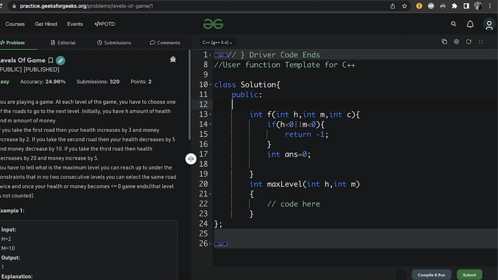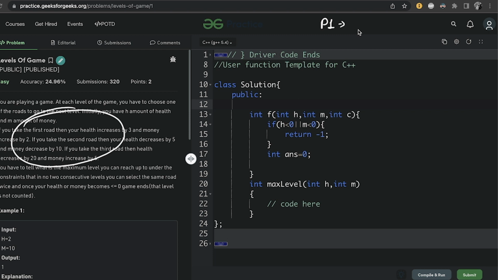So the idea is that what is the value that is being affected? So value being affected is if we use the path 1. Okay, so just see this position. If we use the path 1, then health would get affected by 3 and money would get affected by 2.